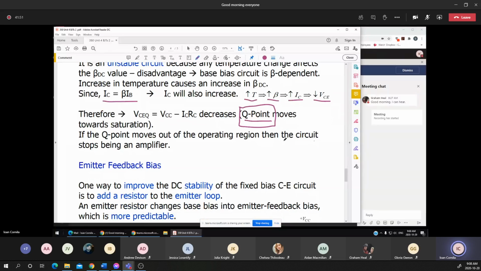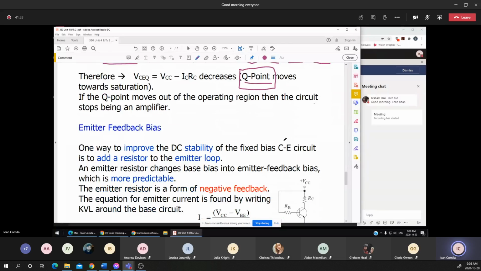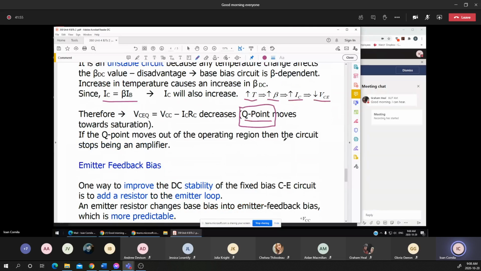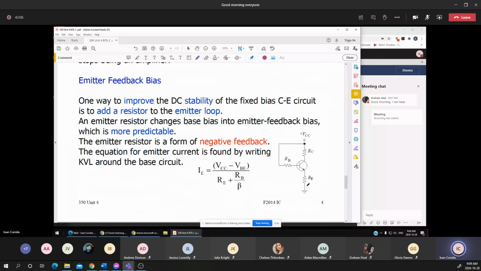In order to overcome this inconvenience, I said that beta depends on the temperature, or the ambient temperature of the circuit. A resistor is added into the base of the transistor.